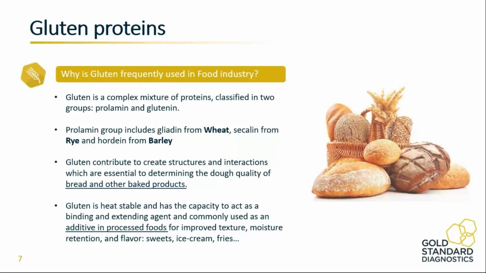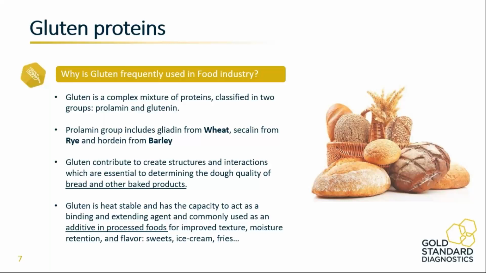Gluten contributes to creating structures and interactions which are essential to determine the dough quality of bread and other baked products. It means that gluten is responsible for the organoleptic characteristics that we know: they are soft and spongy, right?